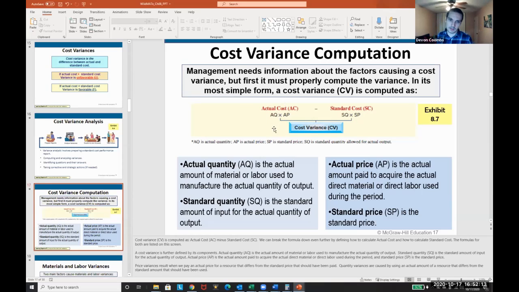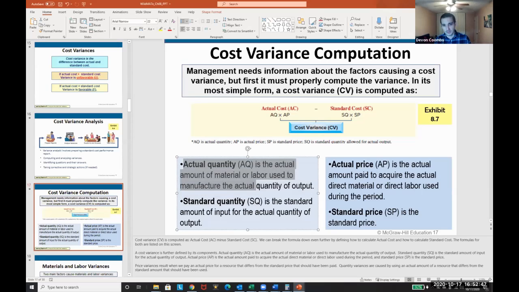How much we spent is how much we purchased times the price of what we purchased, and how much we thought we should spend is what we estimated we should spend, the standard quantity times the standard price, what we estimated would cost per unit being built. Standard, that word throws people off, right? Actual cost, I think, is pretty self-explanatory. But standard cost just means estimated cost. So what we really thought it'd be. It's just a type of estimated cost.